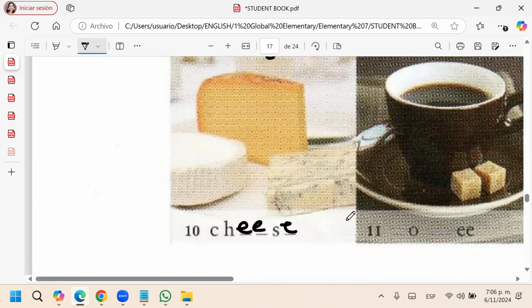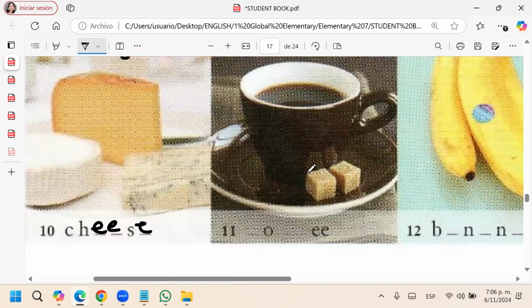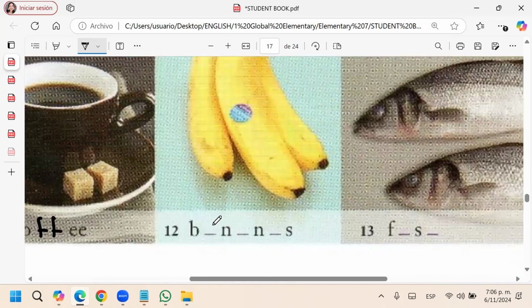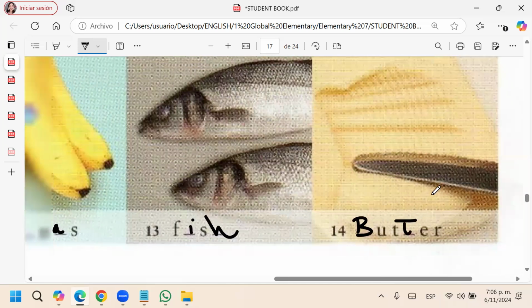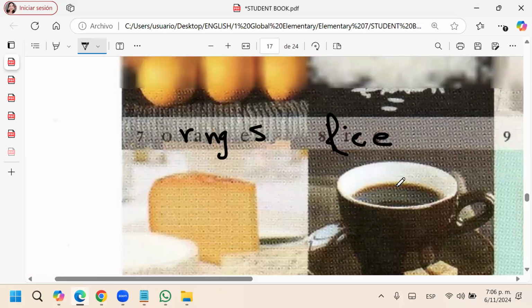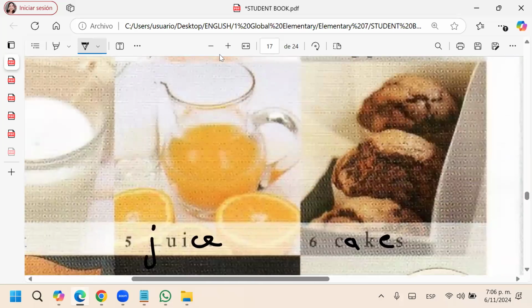And this, coffee. And this, banana. And the last, fish. Fish and butter. Yes, perfect. So butter, fish, bananas, coffee, oranges, rice, juice, food.